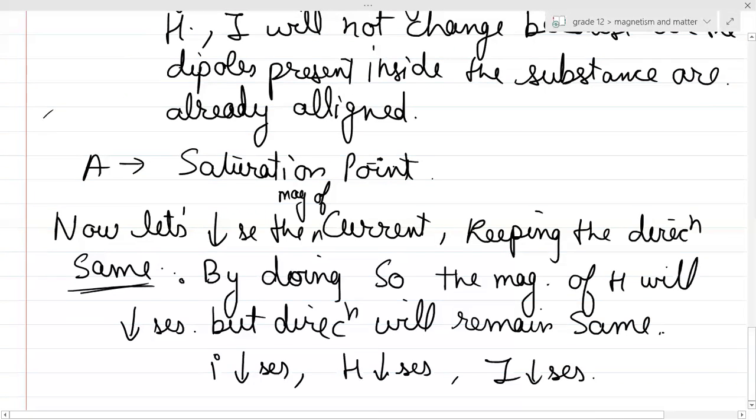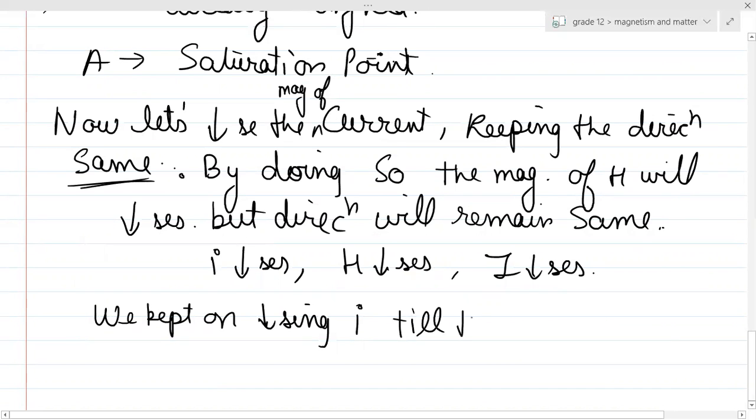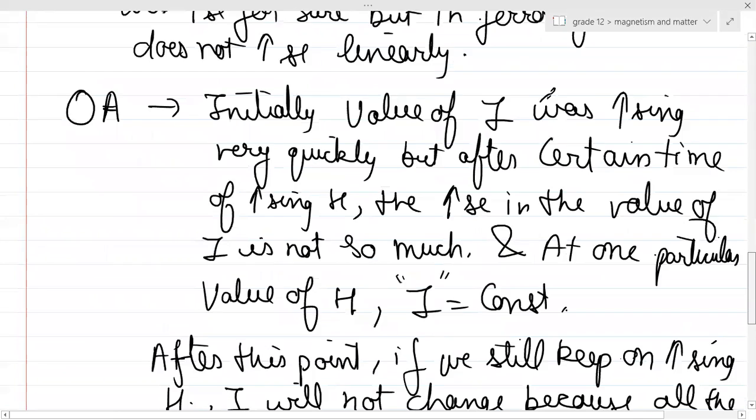So let's say I kept on decreasing the current. Small i is current, capital I is intensity, okay?